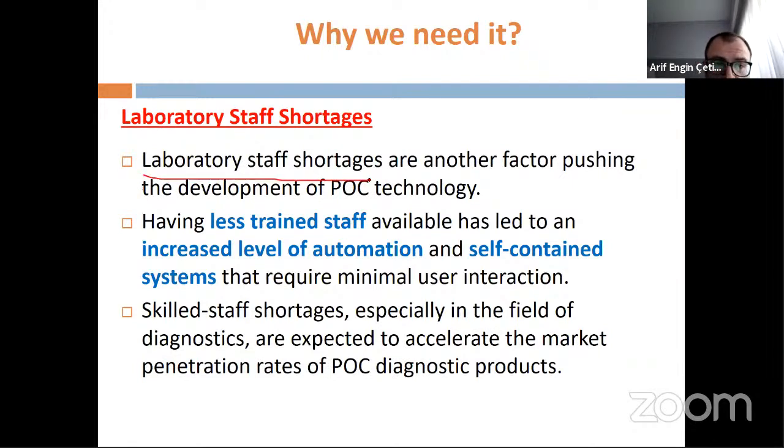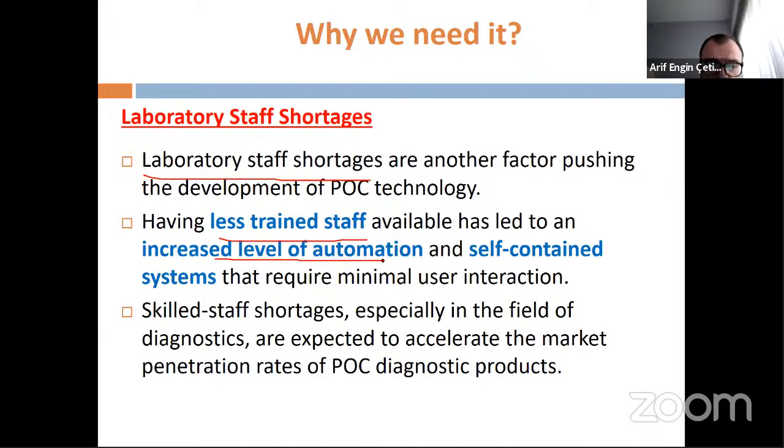But the laboratory staff shortage, especially in third world countries, demands tests with simpler sample preparation and simple analysis, as well as easy to understand results. So less trained staff available leads to an increased level of automation.